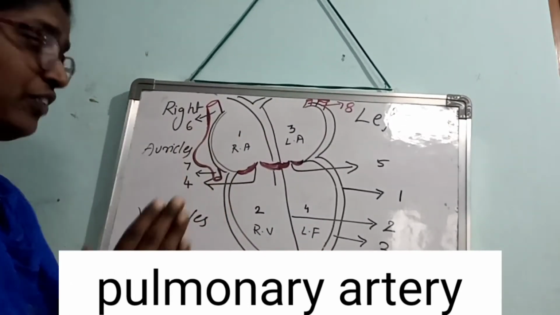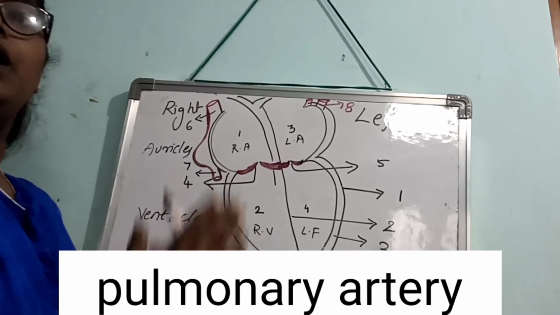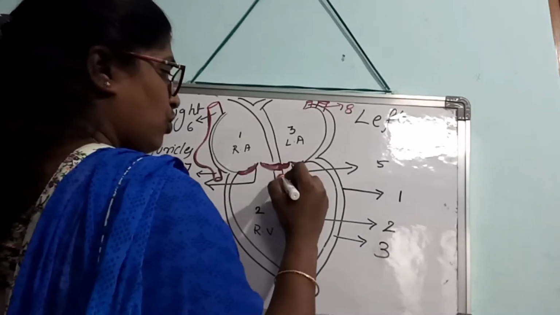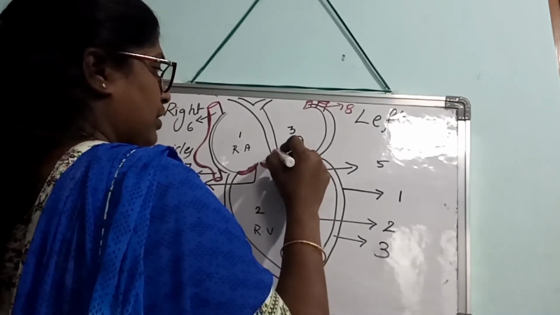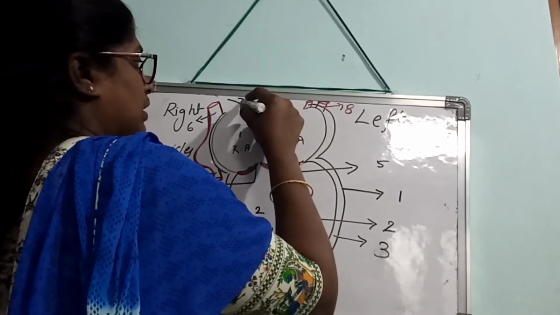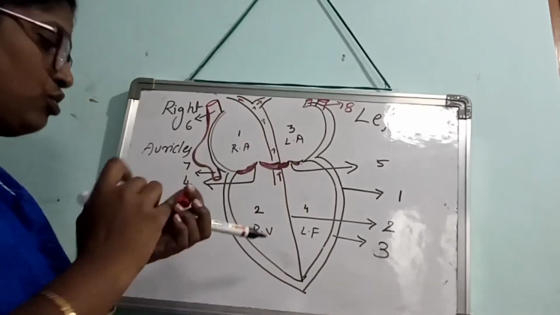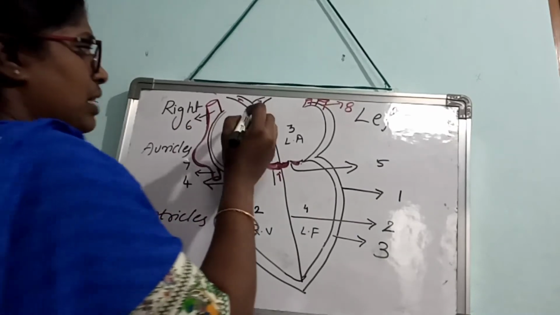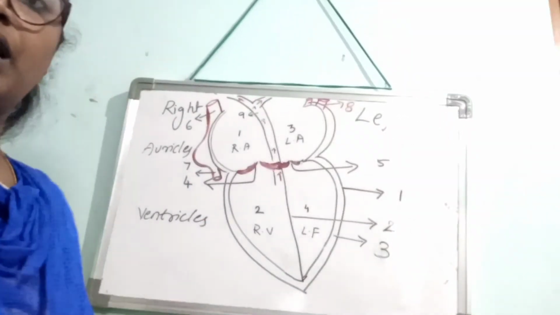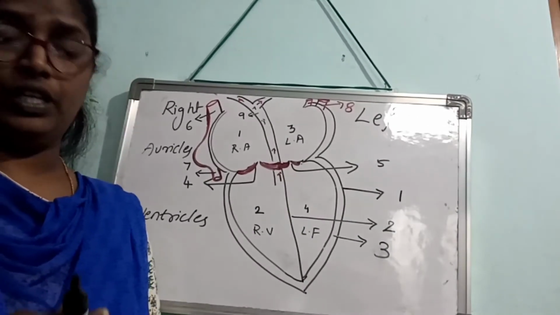That is, from the right ventricle, blood is going to the two lungs. What is this named as? Number 9, that is the pulmonary artery.